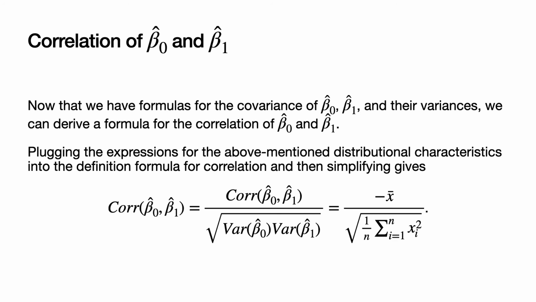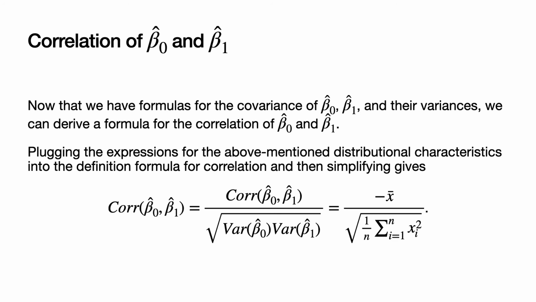And so if we plug into that formula the expressions for the covariance of beta 0 hat and beta 1 hat, along with the variances of those estimators, we get the following formula for the correlation of beta 0 hat and beta 1 hat. And so that formula is given by the negative of x bar divided by the square root of 1 over n times the sum of the squared x values.